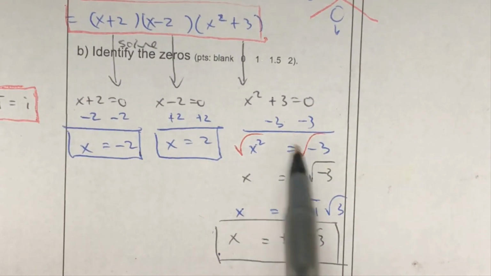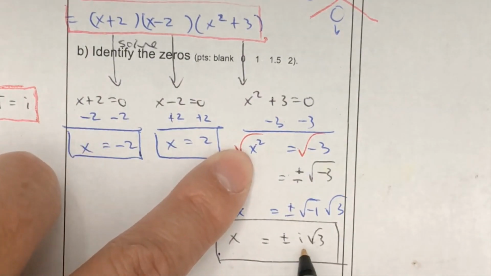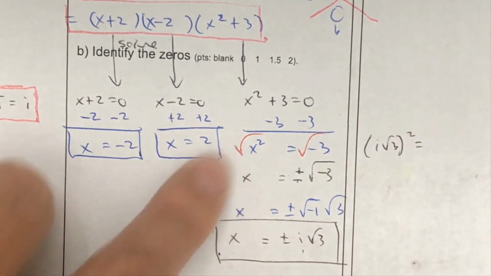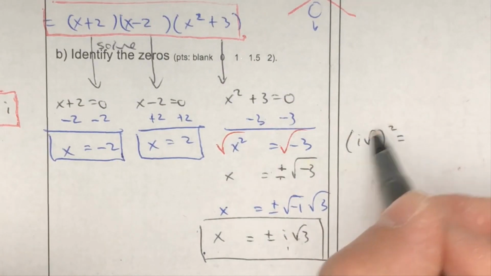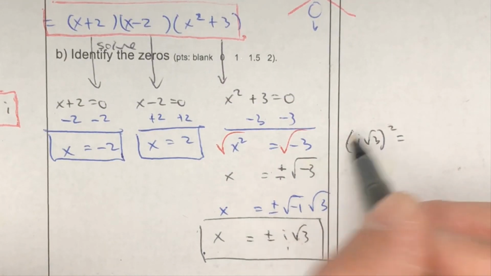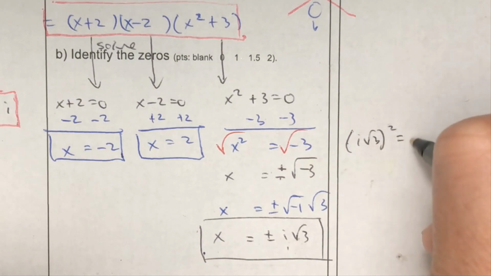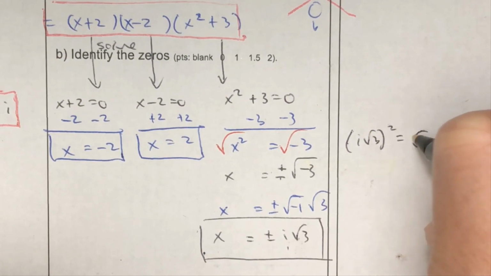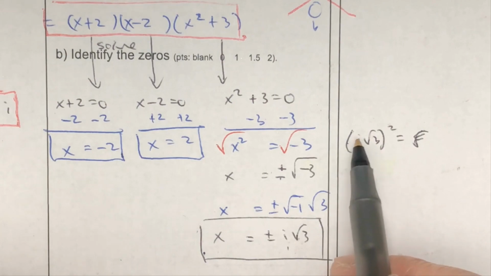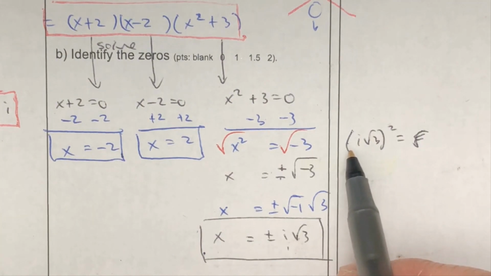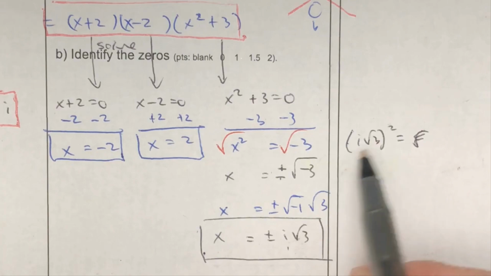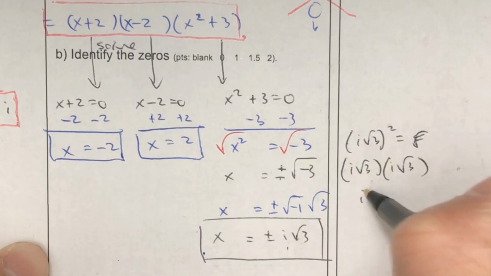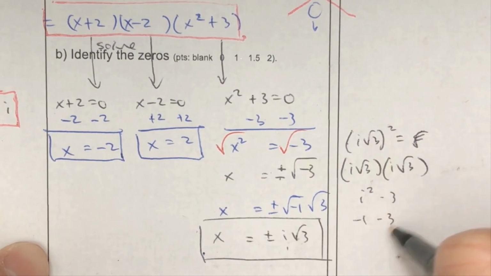Again, the reason why you have to write that plus or minus is because if you take something like i radical 3 squared, that would just be i radical 3 times i radical 3, which is i squared times 3, which is -1 times 3, which is -3.